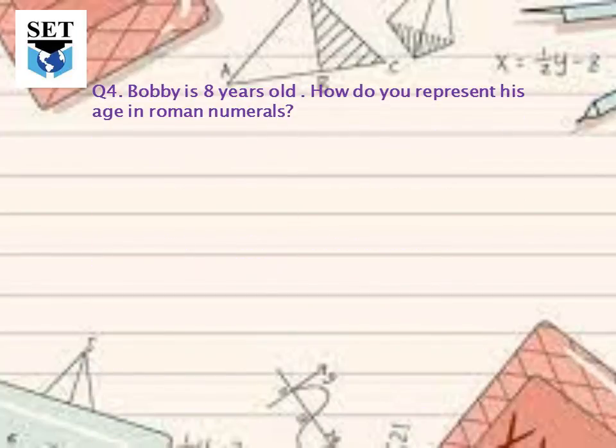Okay. Question 4. Bobby is 8 years old. How do you represent his age in Roman numerals? Okay, the first option is V. Second, VIII. Third, VI.